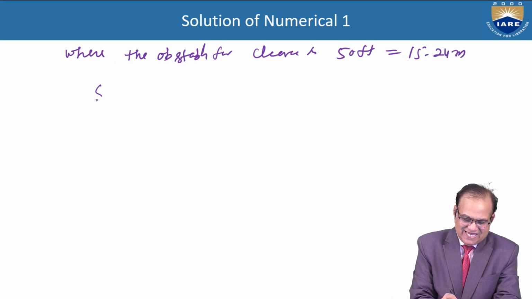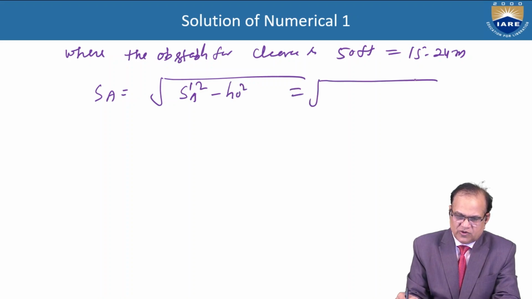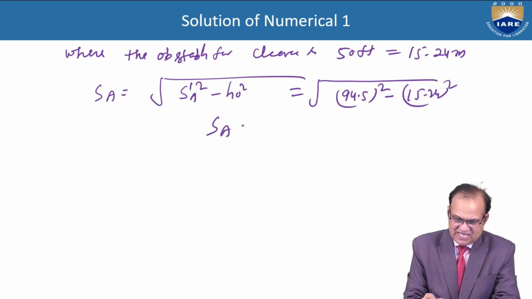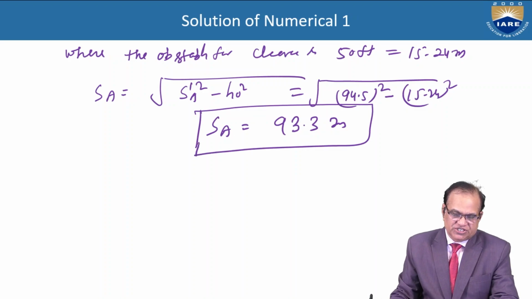So SA is equal to under root SA square minus HO square. So SA, I have got 94.5 whole square minus 15.24 whole square. I will get SA is equal to 93.3 meter. So this is the airborne distance.